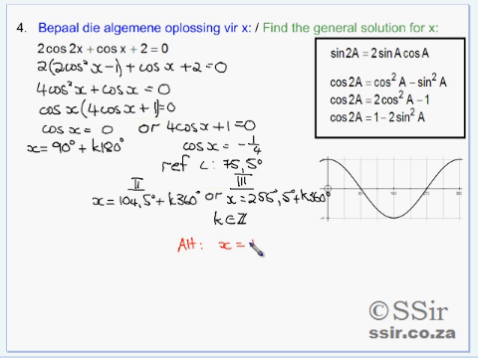So I can write this immediately as plus or minus 104.5 degrees plus multiples of 360 degrees. Then plus 104.5 is the angle that lies in the second quadrant, and minus 104.5 in the third quadrant.